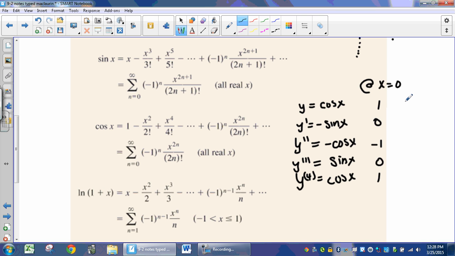So I have 1 over 0 factorial x to the 0, plus 0 over 1 factorial x to the first, plus negative 1 over 2 factorial x squared, plus 0 over 3 factorial x cubed, plus 1 over 4 factorial x to the fourth. I have all the evens, and it goes positive, negative, positive. So your cosine function is all the evens, and it alternates.